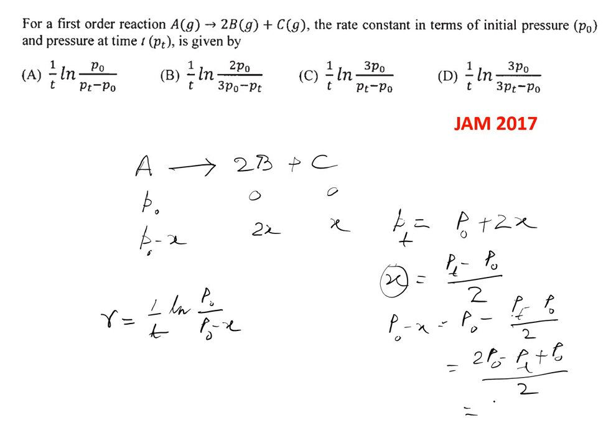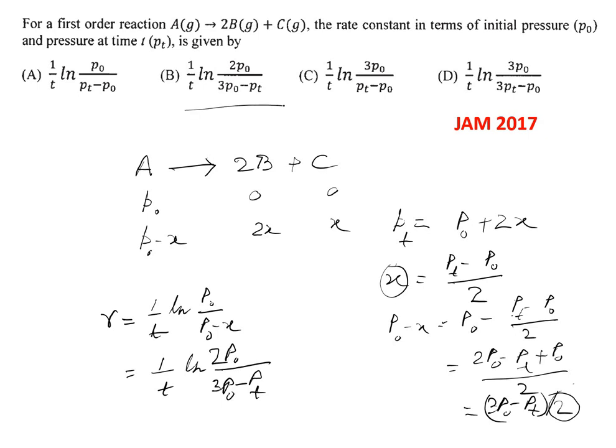So it should be 3 P0 minus PT divided by 2. So you just put it here. So you should get 1 by t ln P0 by 3 P0 minus PT, and this 2 comes here. So it is 2. So now we can check which option is correct. I think it will be B. So it is B. Okay.